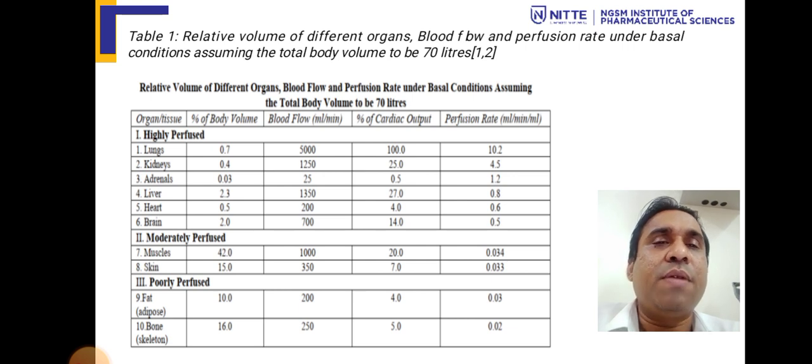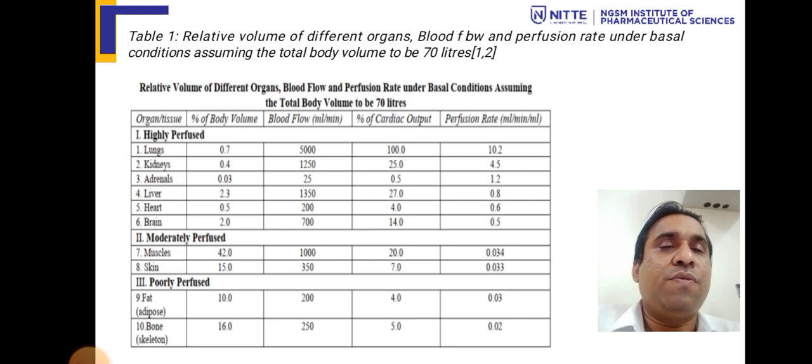We will see one table which shows the relative volume of different organs, blood flow, perfusion rate, and the total body volume. Lungs are the highest, highly perfused. Lungs, kidney, liver, brain, you can see in the figure. The percentage volume is 0.7, blood flow 500, cardiac output 100, perfusion rate 10.2, which is the highest.